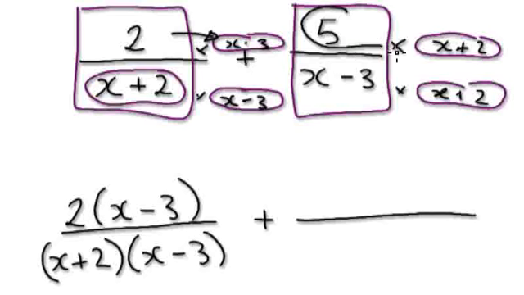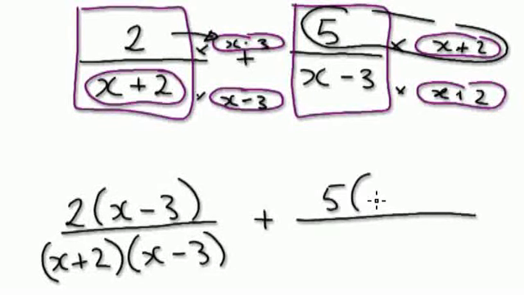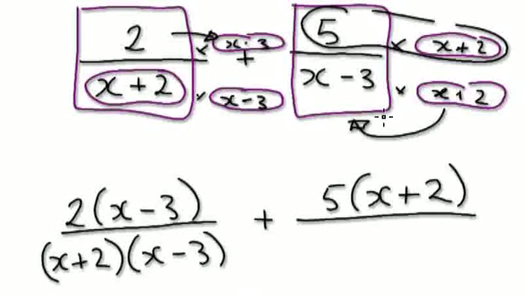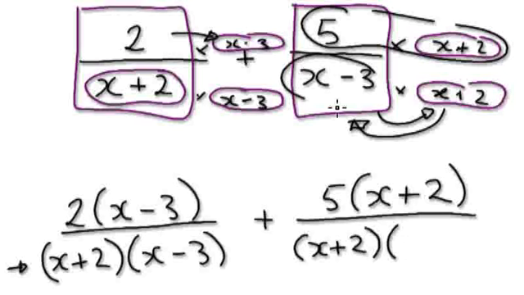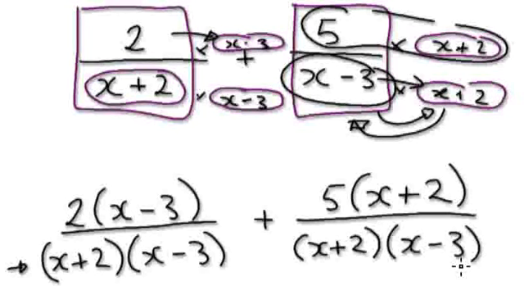Okay, on this side, we're getting 5 multiplying with that bubble there, so it will be 5, bracket, x plus 2. Okay, and then down here, I'm going to switch these two around. It doesn't really matter. I just want it to be the same as this one here. So it will be x plus 2, so I'm getting this multiplying with this. X plus 2 times x minus 3.